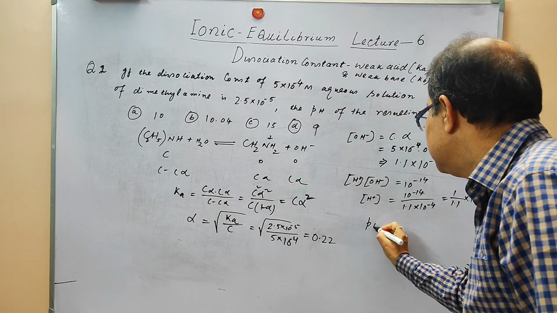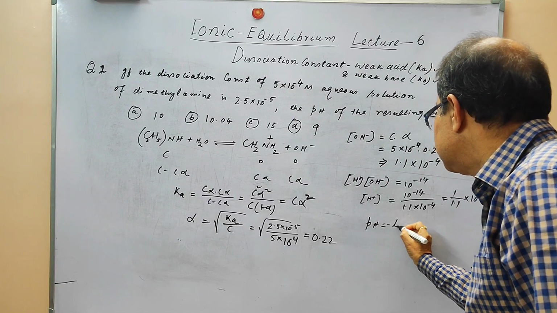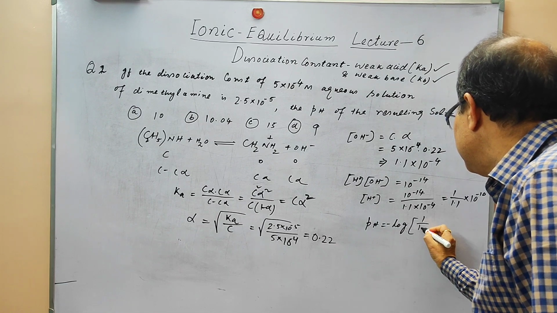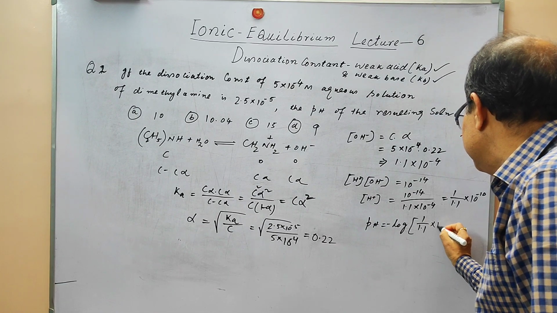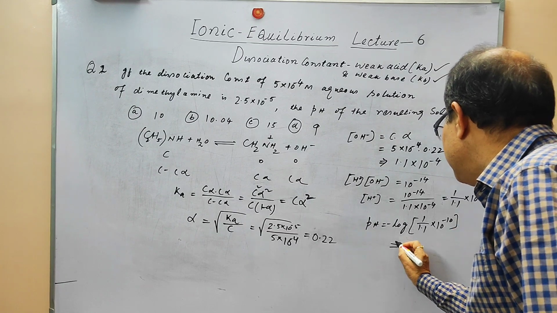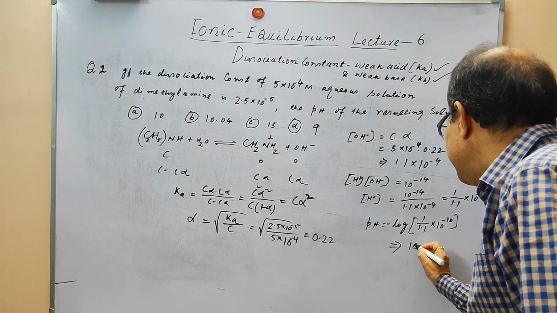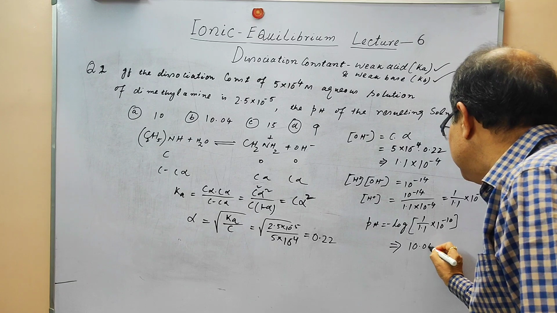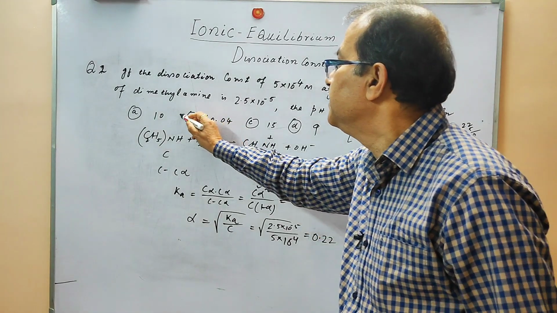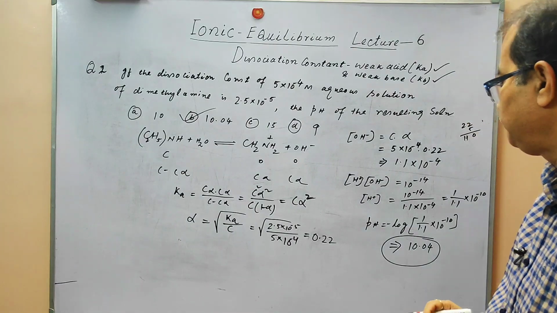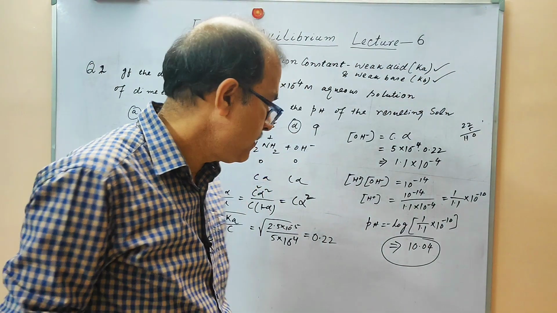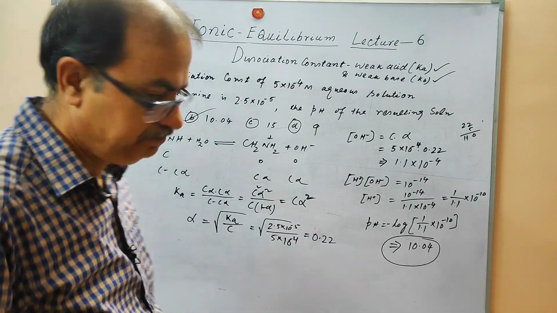So pH is minus log of this value, and it will be coming around 10.04. If we calculate, you will find this. So this will be the right answer. Okay.